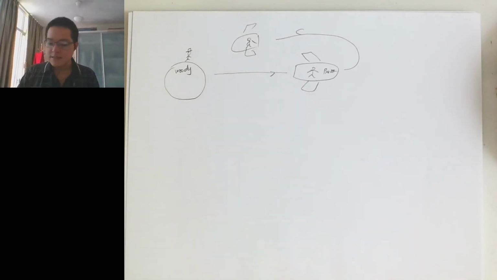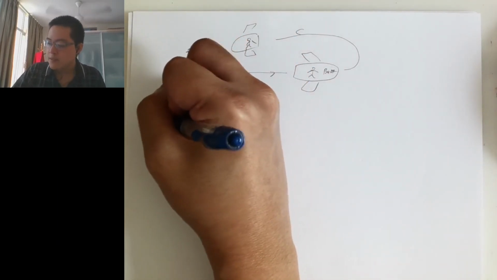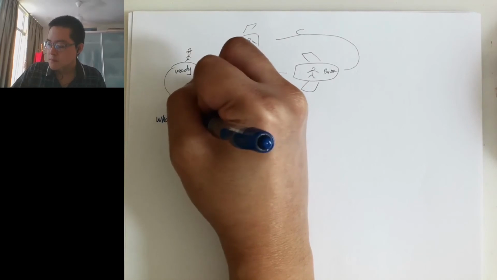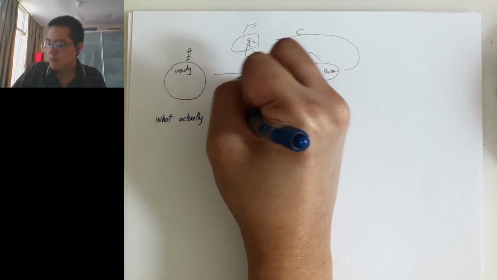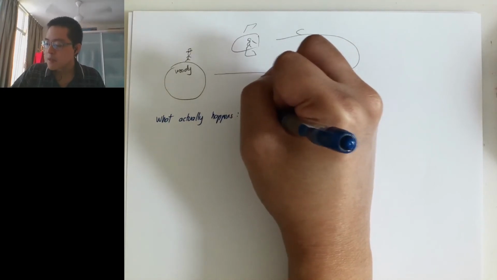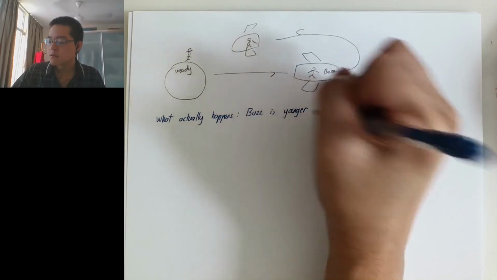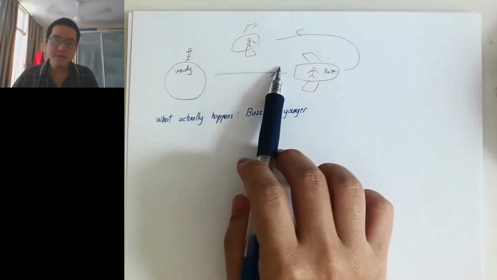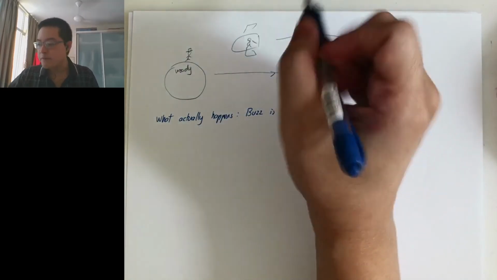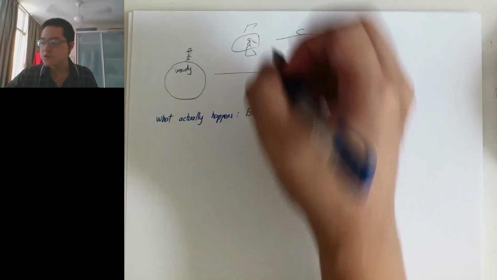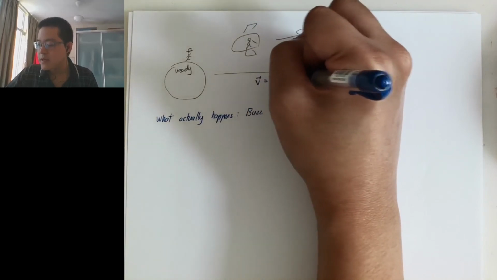Okay, so what actually happens is Buzz is younger. The reason is, at first Buzz is traveling at velocity u, so the velocity v as a vector is u in the i direction.